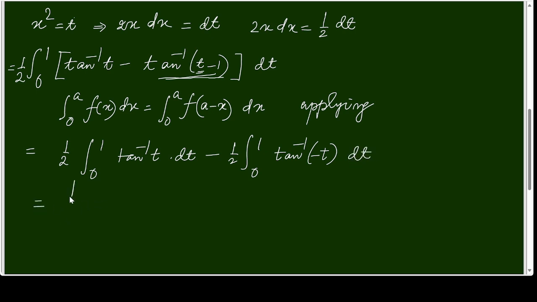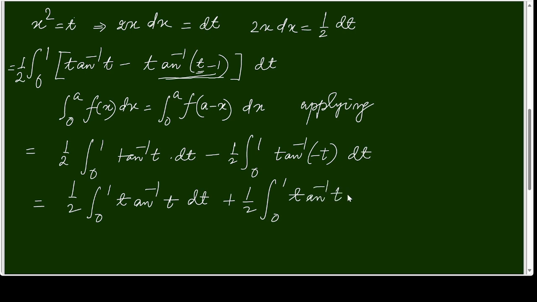So it will be half integral 0 to 1 tan inverse t dt plus half integral 0 to 1 tan inverse t dt. So I'll get integral 0 to 1 tan inverse t dt.